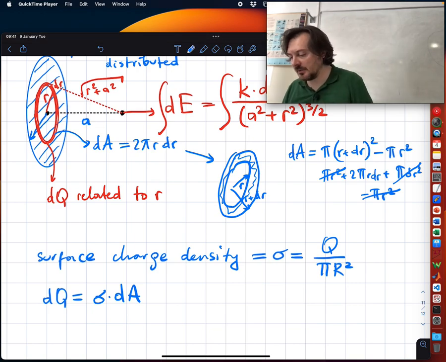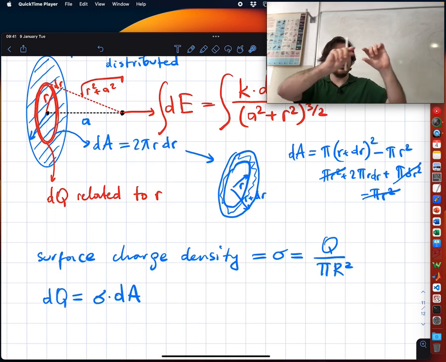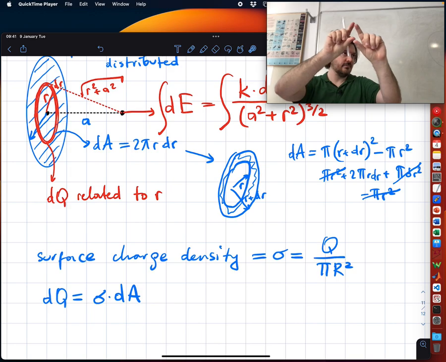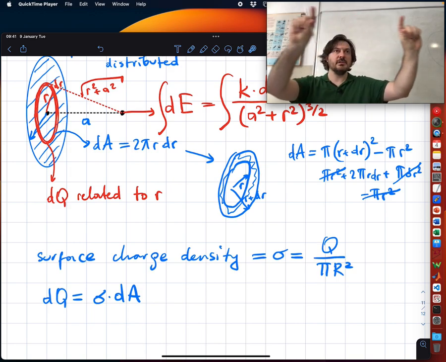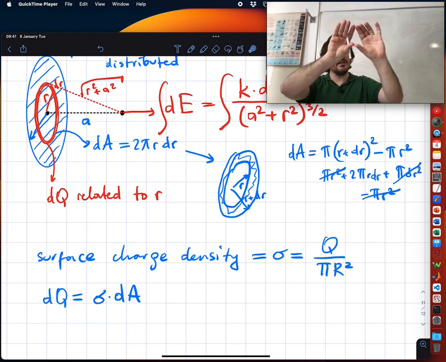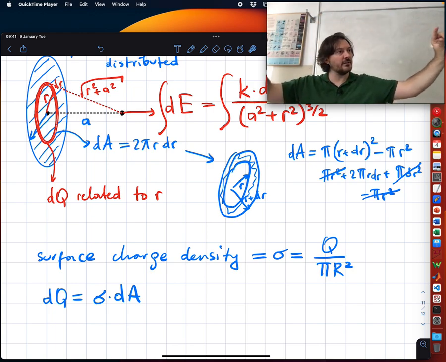Another way of thinking about it is the following. This is a ribbon, right? Do you know what a ribbon is? Ribbon, like this. A ribbon that is formed into a ring. So you can think of the length of the ribbon times the thickness of the ribbon.